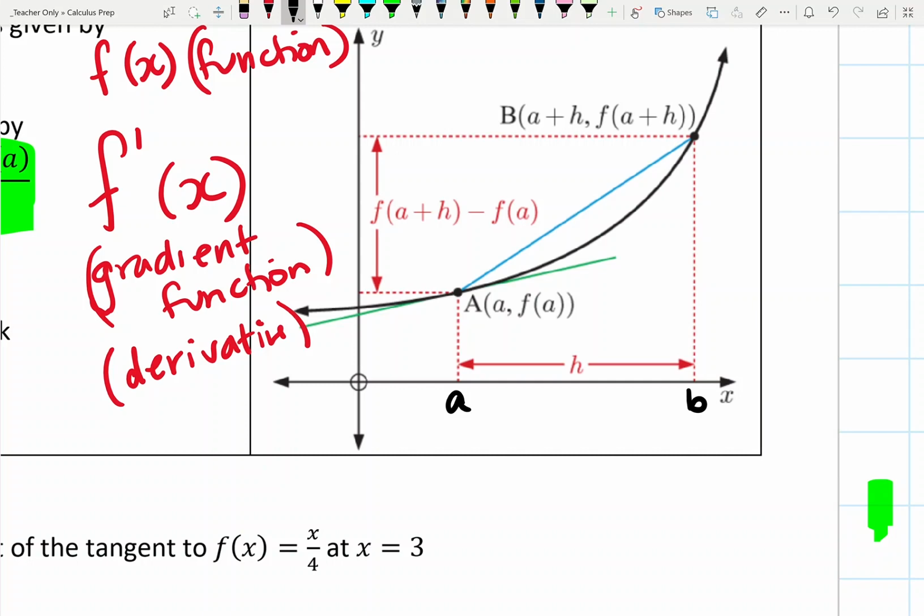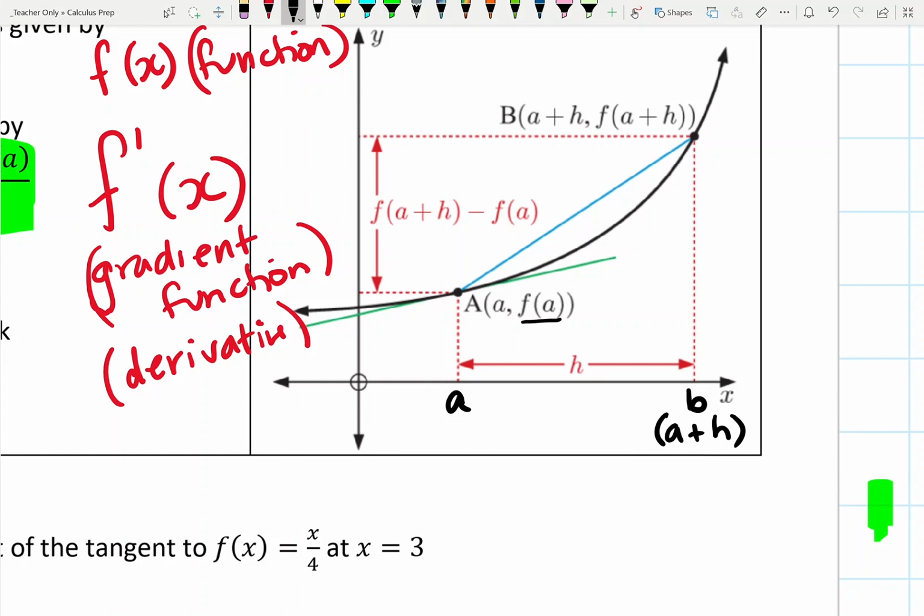We might know what it is, but generally speaking, we don't. And we know that if this function is f of x, then the y coordinate that goes with A is simply f of A. What we're doing here is adding h to A. So B is actually A plus h, some distance between these 2 points.